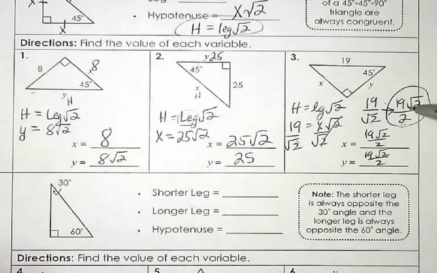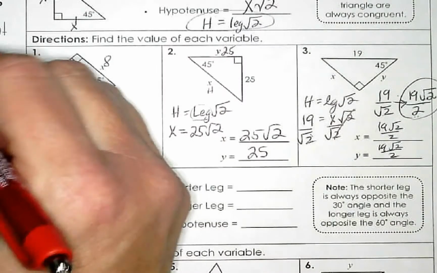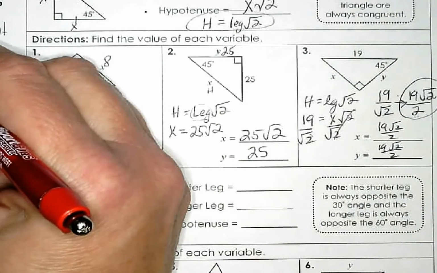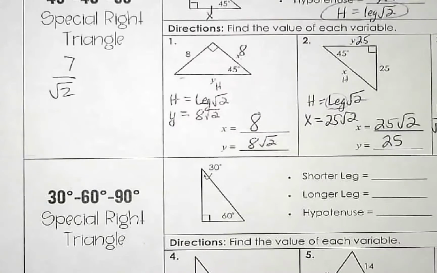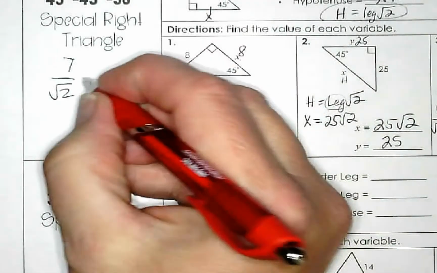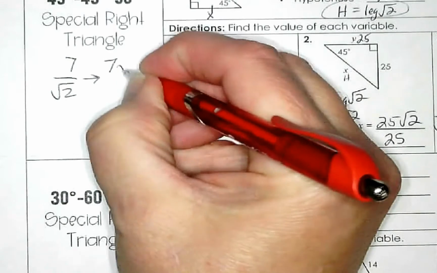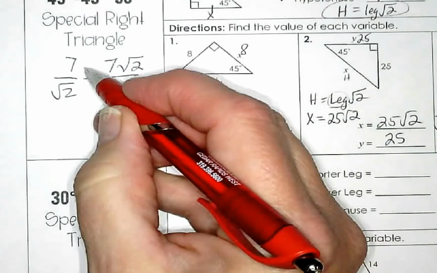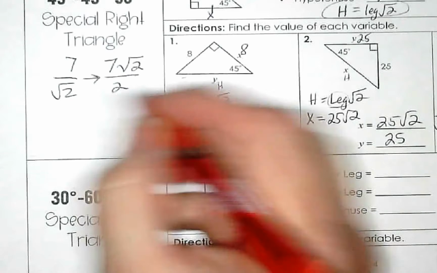Okay, so let's take a real quick look at this again. If I have, let's say, 7 over square root of 2, I can go mathematically, and I will end up with 7 square root of 2 over 2. So I'm just going to bring this up and take off the square root, and that's my simplified answer.